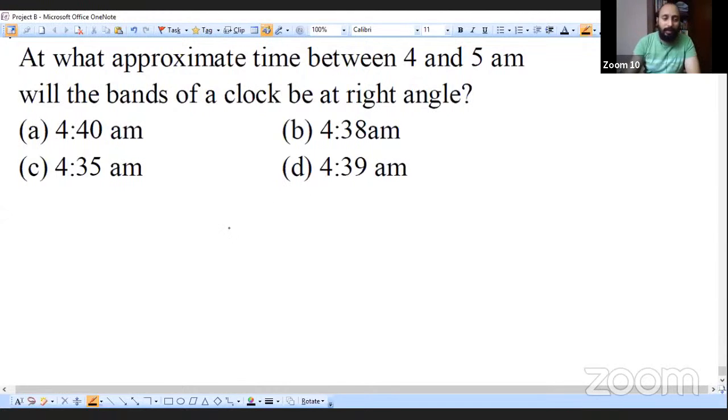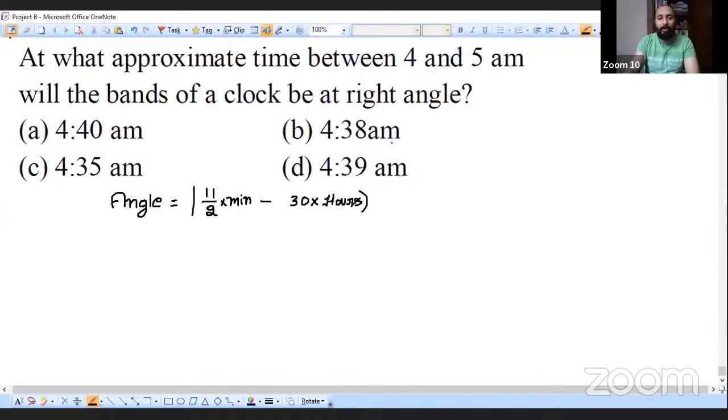Yes, very clearly. We will be using the same formula. Angle is equal to modulus of 11 by 2 into minutes minus 30 into hours.